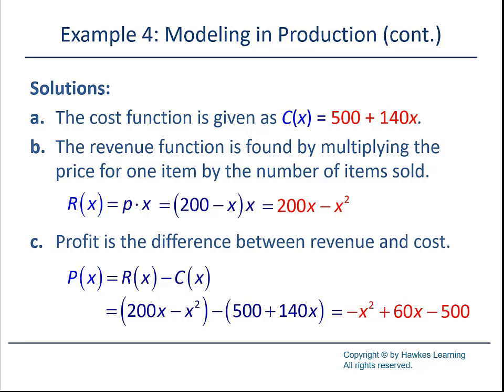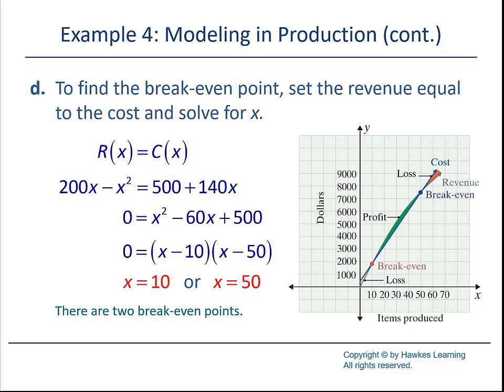There's the work we just did, in case you want to look back at it. Break-even point, set the revenue equal to the cost, or set the profit equal to 0. We get the 10 and the 50, there are 2 break-even points, and there's a graph showing you how it works.